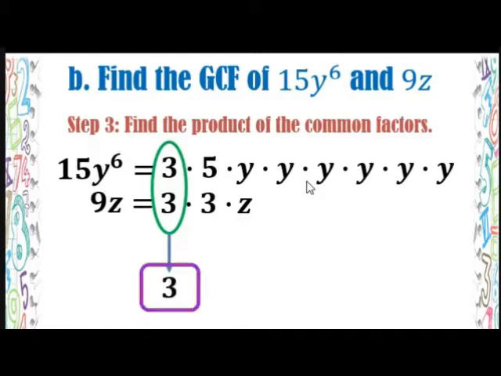So 3 now is the GCF of 15y raised to 6 and 9z. Now, have you mastered finding the GCF of given monomials? You need to master this one because you'll need this in factoring using the greatest common monomial factor.